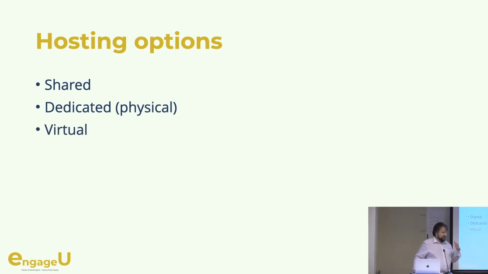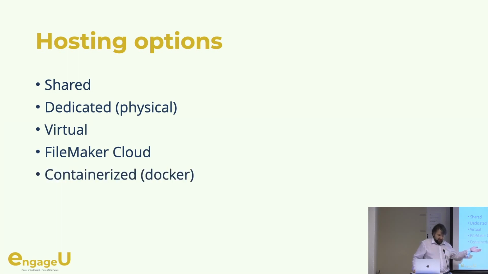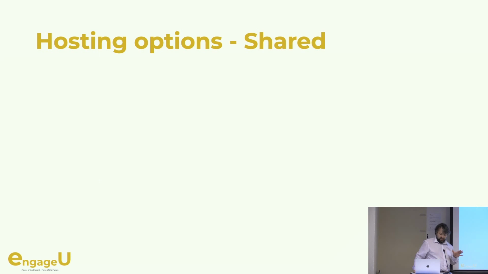Then, more common, is the virtual machine. Then you have FileMaker Cloud provided by Claris, which is in fact a virtual machine. And then we have our thing, which is containerized, so it means Docker. And now we're going to see the pros and cons of each option.